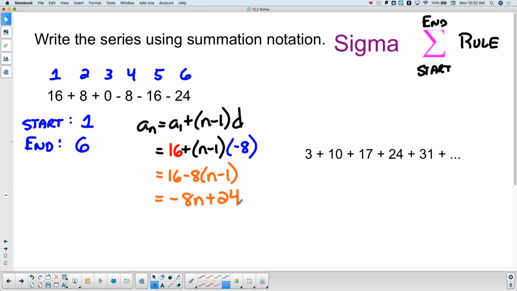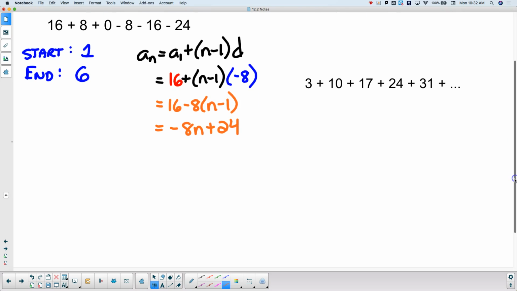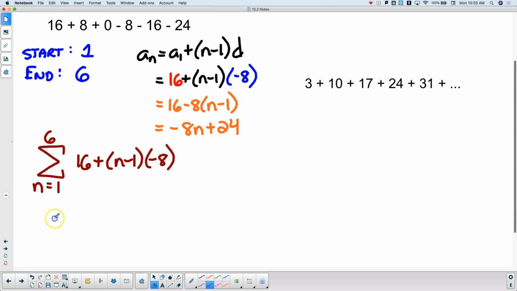Putting those into sigma notation now. My variable is going to be n, and it could be anything, but then I would have to change it to fit it to 1 to 6. That's where those two come in. And then I could go 16 plus n minus 1 times negative 8. That would be my basic sigma notation.